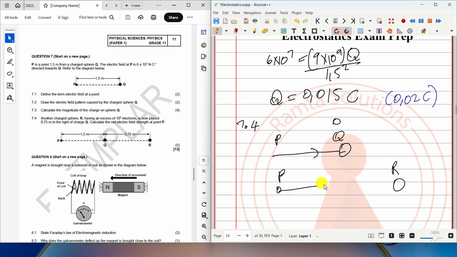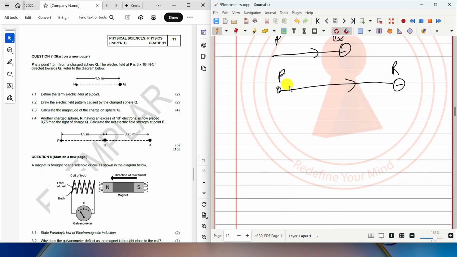If it has an excess of electrons, it means it's negatively charged, right? So our vector here will be like this, guys. Okay, let's say this is E of Q and then E of R. Or if you like, it can be like this.